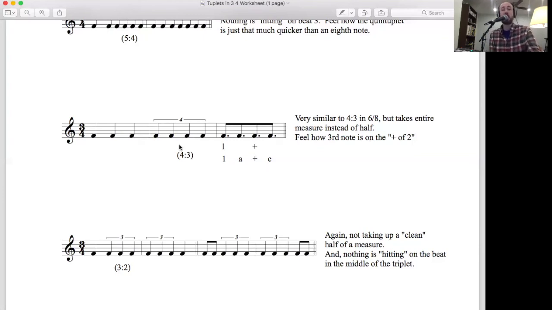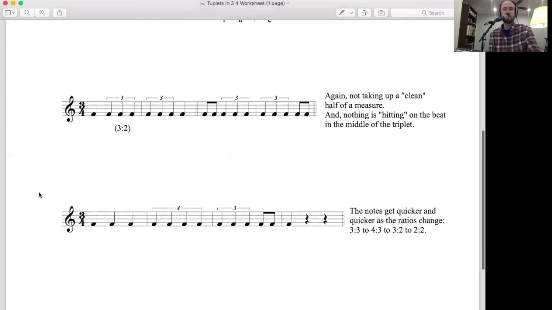But that's the 4 in 3 quadruplet. And then we're just adding in the quarter note triplet 2, 3, 4. So this is just like the quintuplet up at the top, where it's not going to take an even half of a measure. It either takes the first 2 beats or the beats 2 and 3 of a measure in 3/4. So we're not even going to go over that. You know how those are.